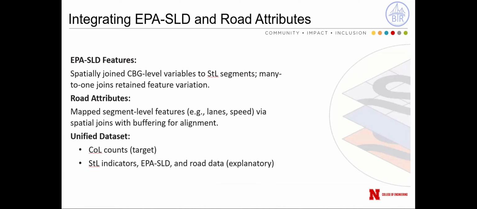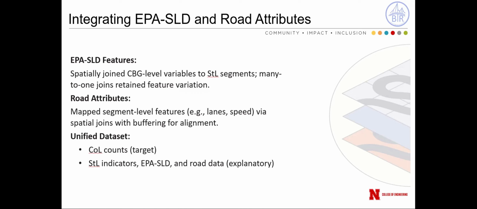Next, we integrated the contextual data. EPA Smart Location data variables are at the census block group level, so we performed spatial joins to attach them to the StreetLight segments. We allowed many-to-one joins, meaning that a segment could inherit features from multiple block groups, so we preserved as much feature variation as possible.